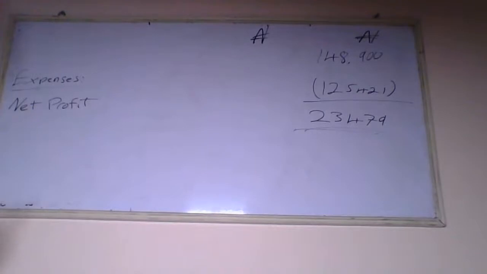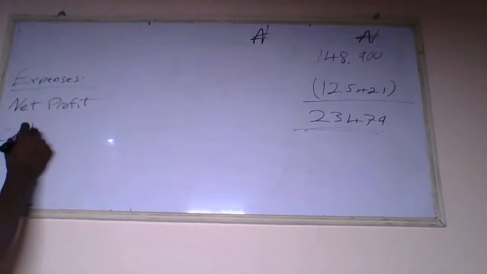But we're not quite done with this question, because if you go to the last additional information where they say, following the recommendations of a professional valuer, the owner intends to revalue freehold premises at 60,000. So they are asking us to prepare a statement of profit or loss and other comprehensive income. So this valuation falls under other comprehensive income.